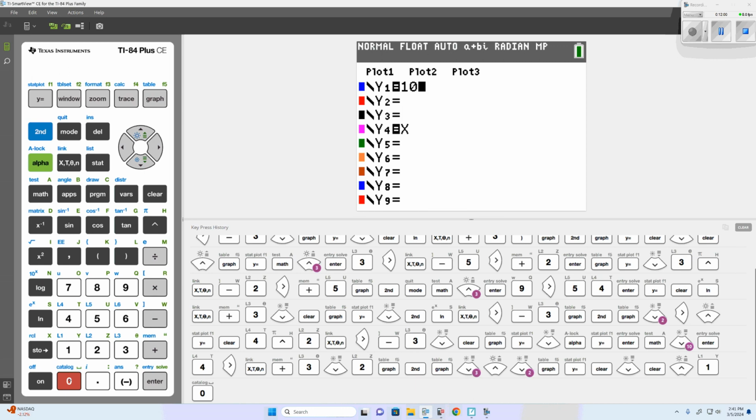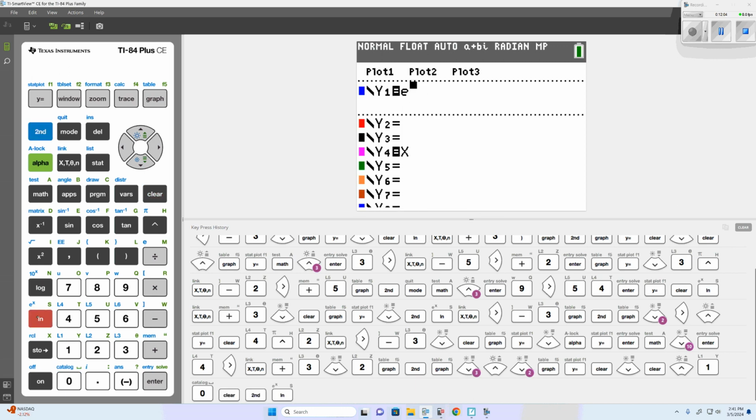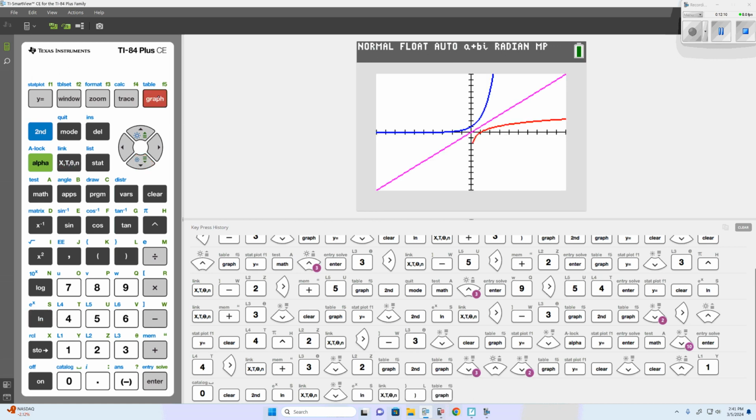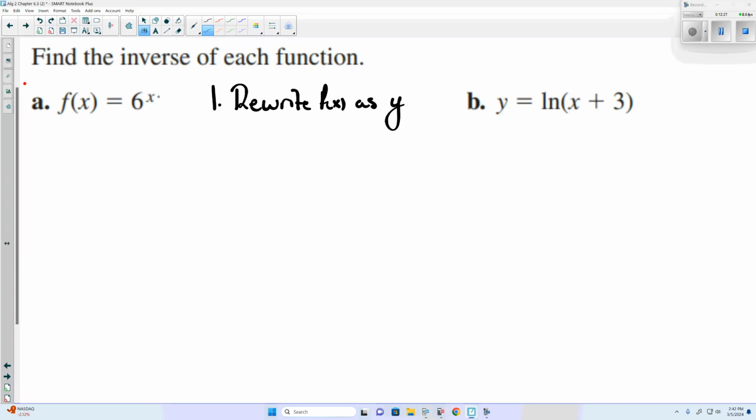We did 10 to the x, let's do e to the x and the natural log of x graph. These are inverses of each other. The graphs of two inverse functions are going to mirror across the line y equals x, that purple line. And we can see here they do flip from one to the other. They're mirrors. So the natural log of x and e to the x are inverses. So we're going to be using those.